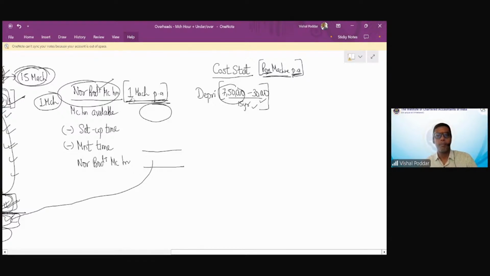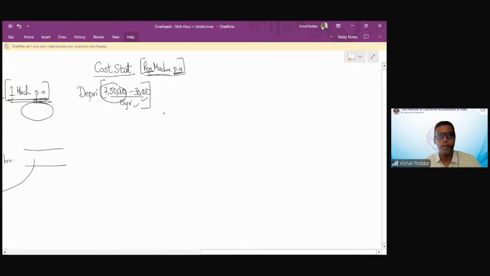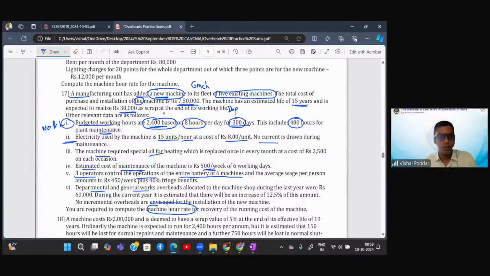Parallel to this, the other working that I will be making is of normal productive machine hours, which is going to be my denominator. Again, it will be per machine per annum. Fine. Now, here this data is for normal productive machine hours.